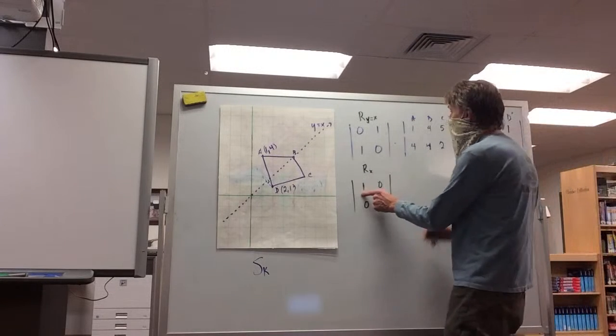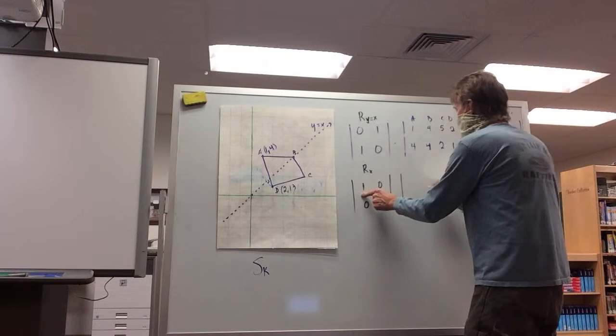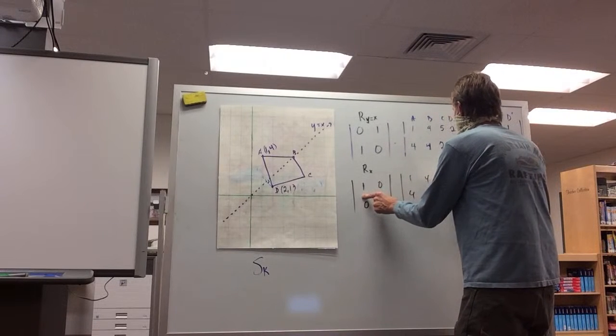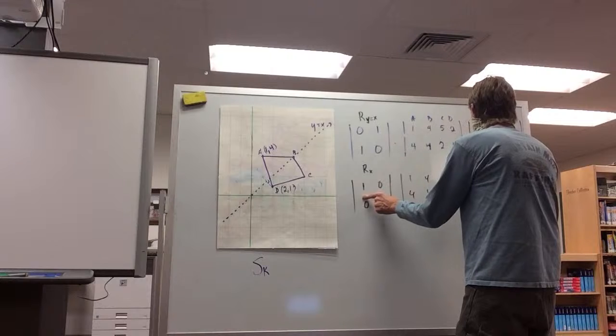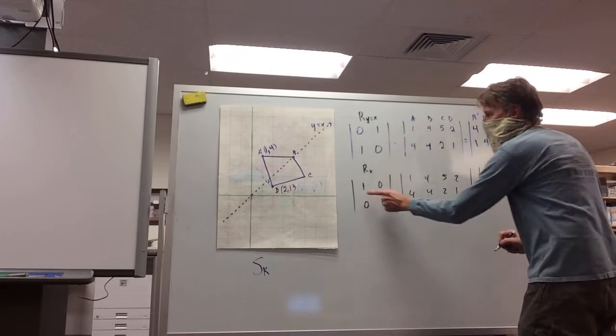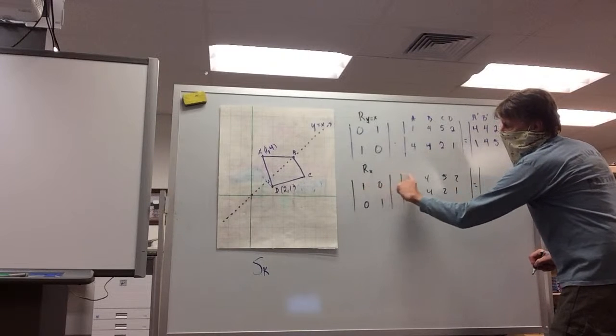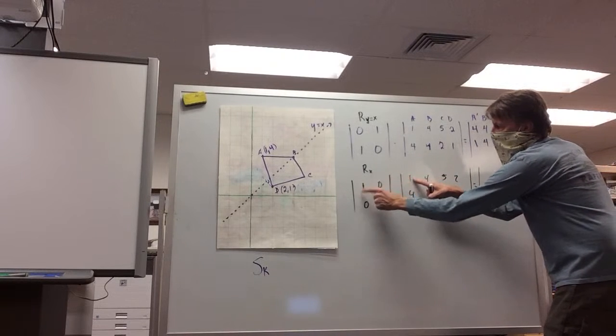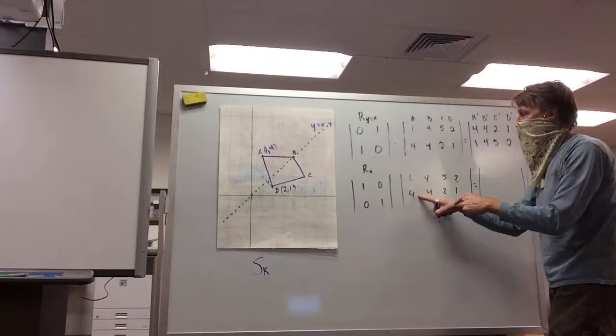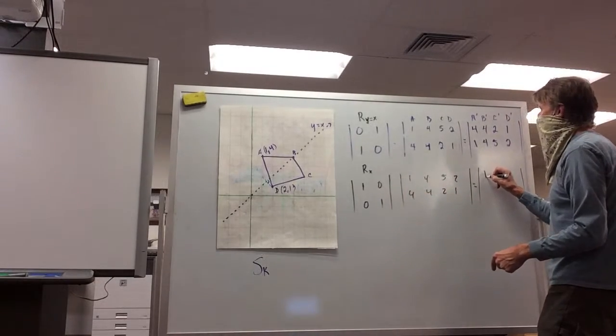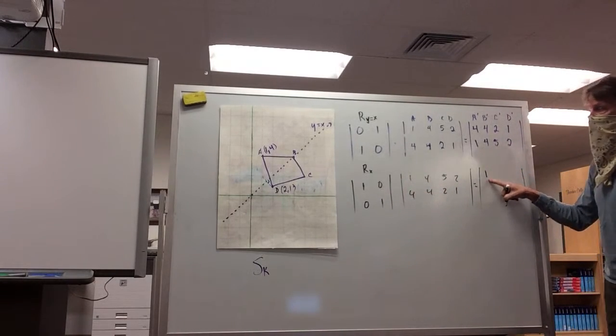It's the second one. So remember, if we did this, 1, 4. If we took these two and multiplied, we would take that 1 and multiply it by the x, the 0 times the 4, and add them together, and then you get this x coordinate.